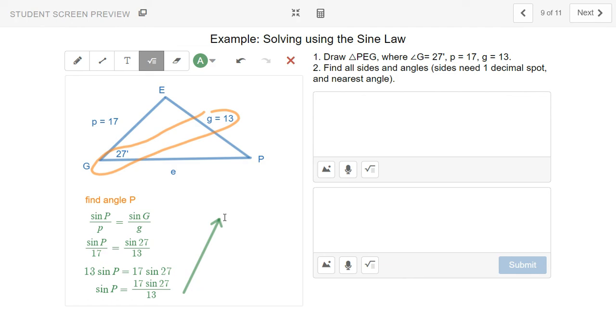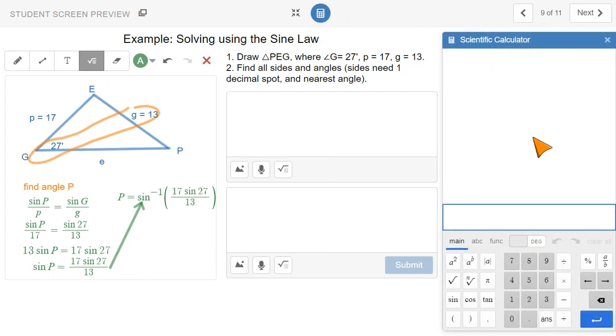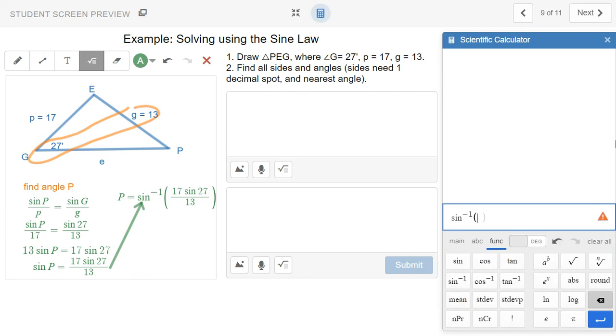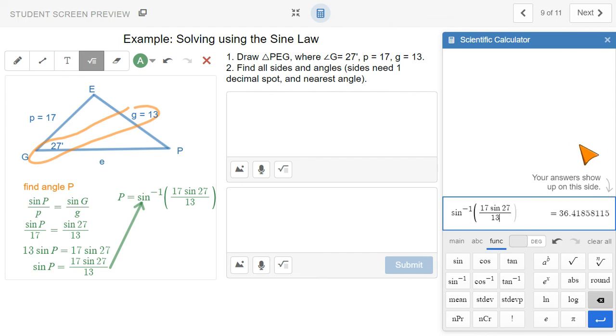Now I'm going to undo the sine. Inverse sine of 17 sine 27 divided by 13. Sine inverse, 17 sine 27 over 13, gives 36.4 degrees.